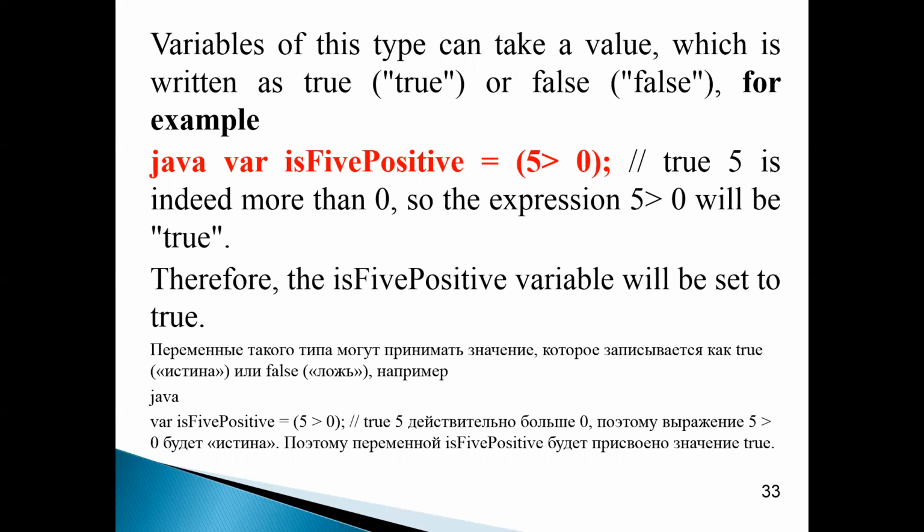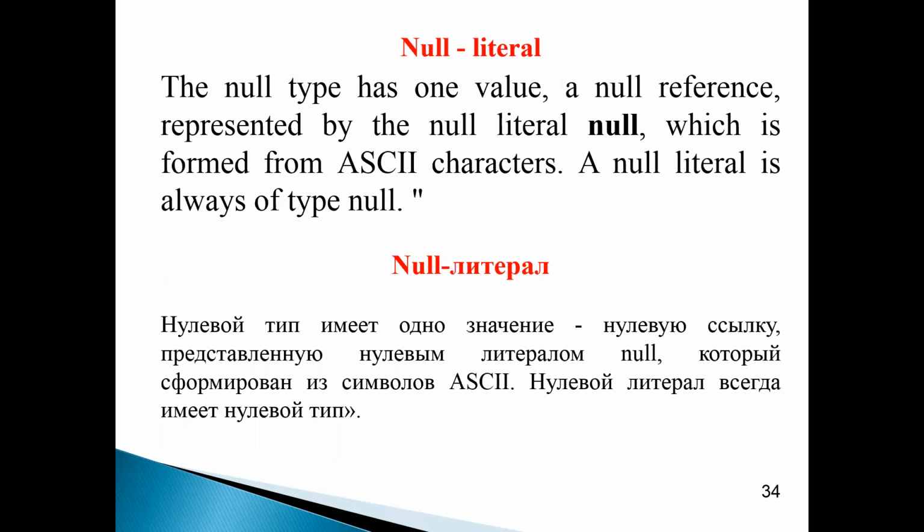We have a condition. For example, 5 more than 0. If 5 is more than 0, it's true. True, 5 is indeed more than 0, so the expression 5 > 0 will be true. Okay. Null literal. The null type has one value, the null reference, represented by the null literal null, which is formed from ASCII characters, and the null literal is always of type null.